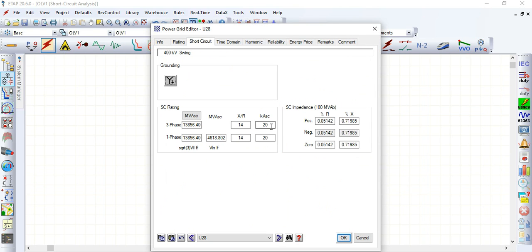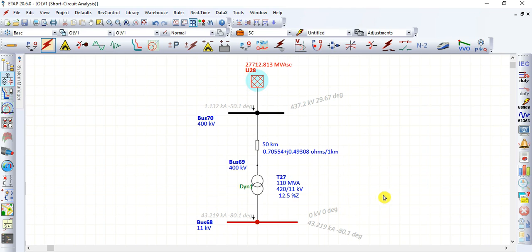Okay, now let's change the short circuit current. Instead of 20, let's consider as 40 kiloampere. So we have not changed anything, these X by R ratios, only we have changed. Instead of 20, now it is 40. So now let's see what will happen.